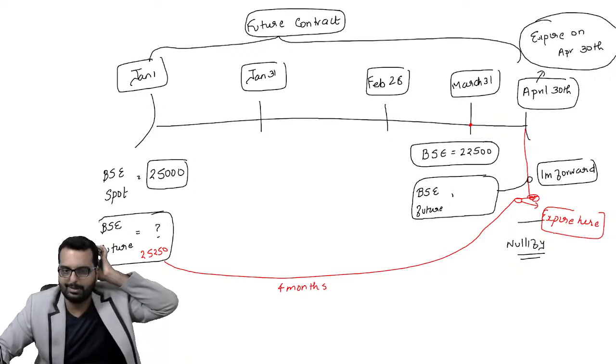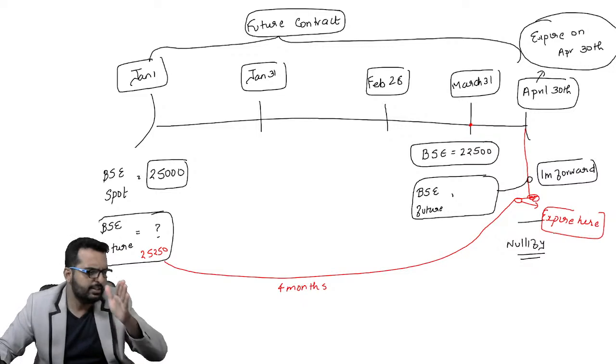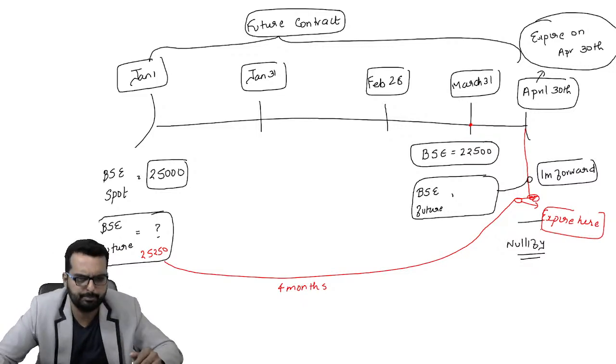Are you understanding what I'm trying to say? So now I need to find out the BSE futures value on March 31st, which is having a 1 month duration. I'll write down the next working note.